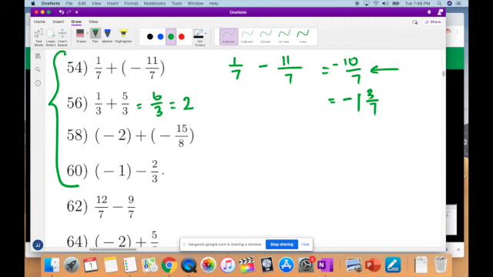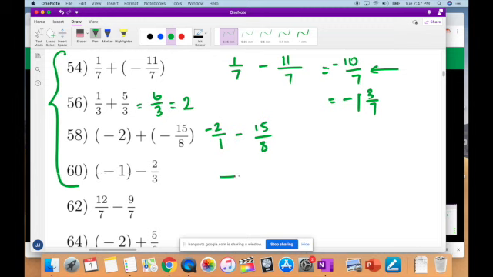Yes. Now here is where we're starting to deal with different denominators. So we operate just like how we were operating before. With the generalized form, it will work for all fractions, right? So this is really negative 2 over 1 minus 15 over 8.